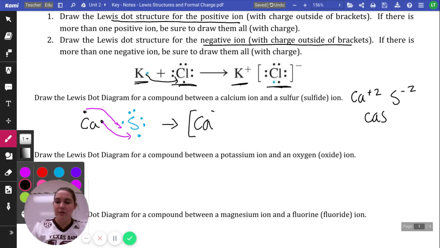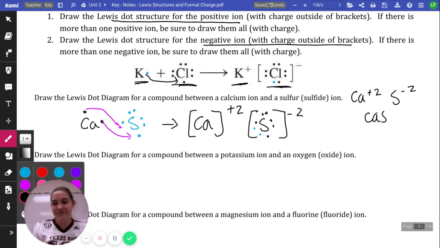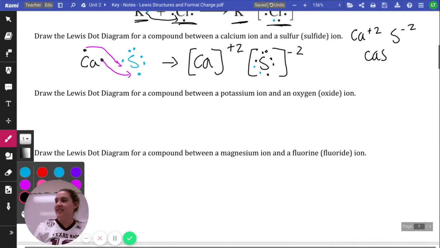But since it's lost those 2 electrons, it leaves calcium with that positive 2 charge. And then sulfur had 6 valence electrons, but it gained 2 of calcium's electrons, which then leaves sulfur with that negative 2 charge. Not so bad, right?